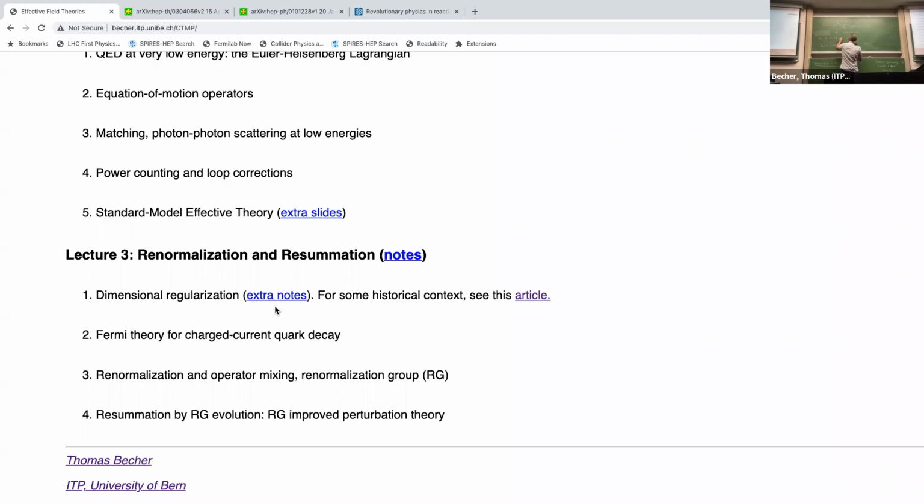So I said k is the length of this vector here. And I integrate from 0 to infinity. This was d^d k, so there's a k to the d minus 1. And then here I have 1 over k squared plus m squared. And now we're already in good shape.